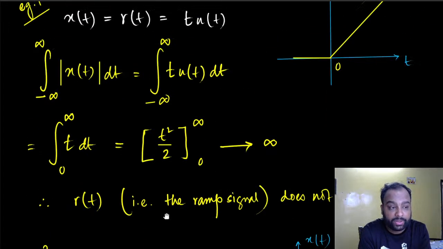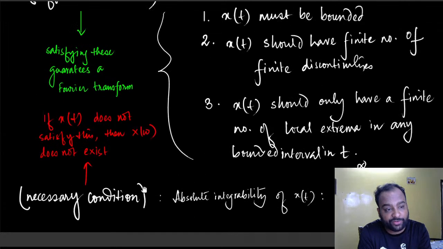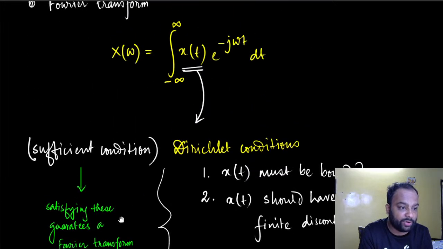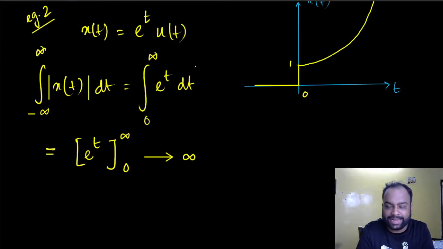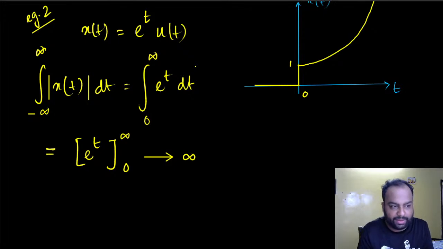And again, I told you, if a signal violates the necessary condition for the existence of a Fourier transform, it is guaranteed that the Fourier transform will not exist. So these very simple basic signals, like an exponential, like a ramp, are quite common. There is nothing unusual about these signals.